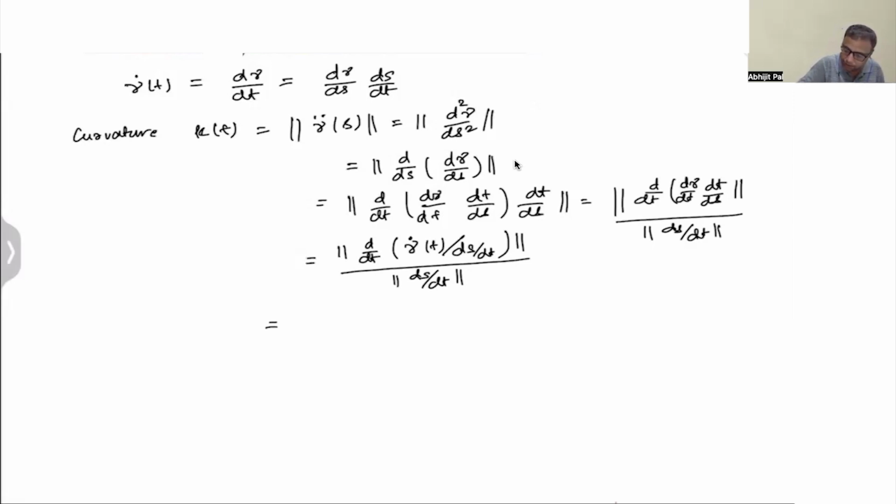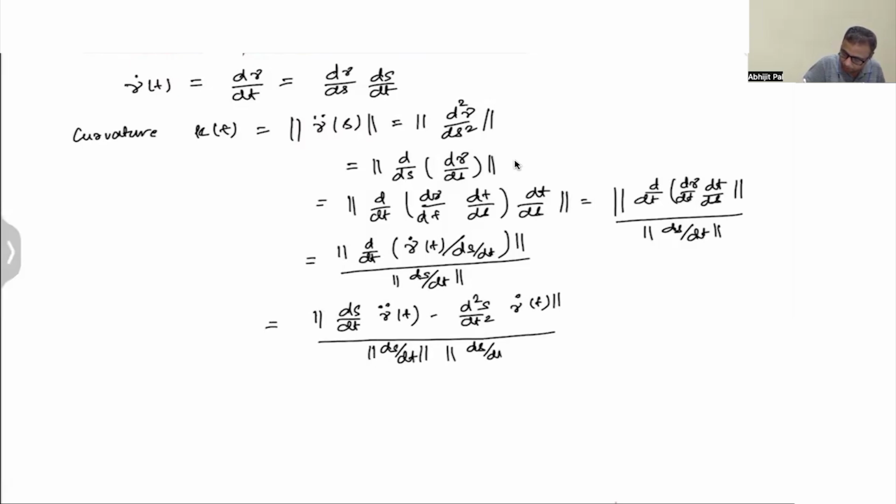If I take this differentiation of gamma dot(t) by ds/dt, it is again equal to the norm of ds/dt gamma double dot(t) minus d2s/dt2 gamma dot(t), and in the denominator, the norm of ds/dt multiplied by the norm of ds/dt whole square.